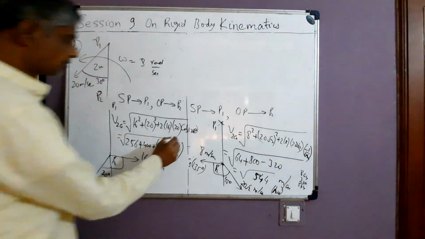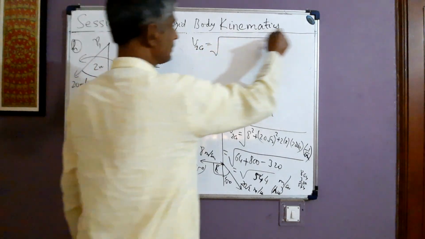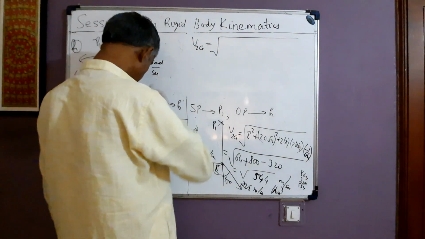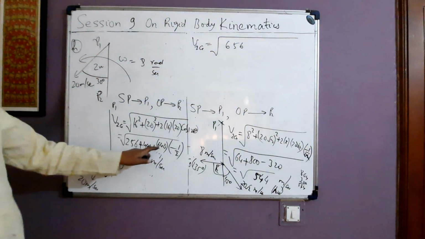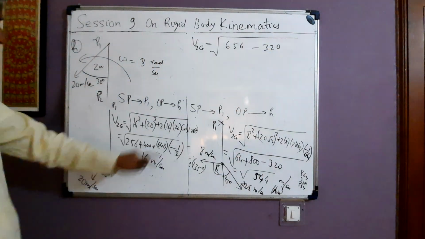On simplifying, V2G becomes root under 400 plus 256, which is 656, minus 320.